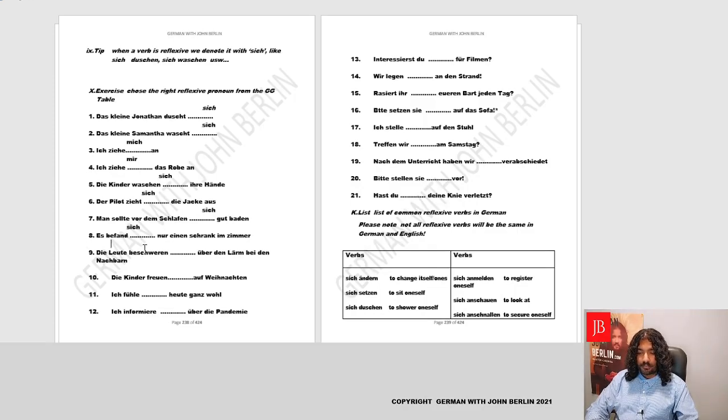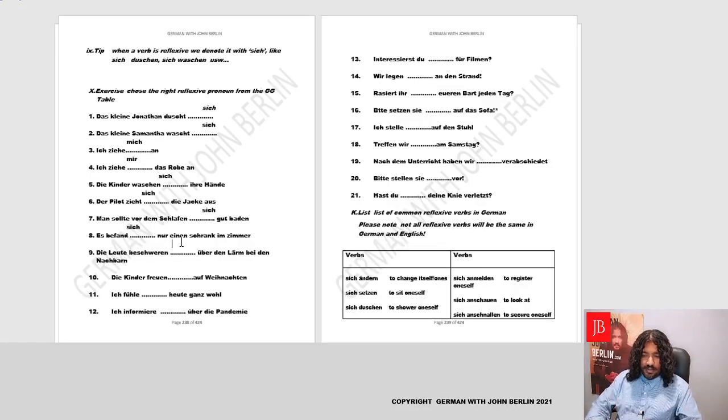Perfect. Die Leute beschweren dash über den Lärm bei den Nachbarn. So the Leute, the people. Now some verbs do not make sense in English when we talk about reflexive. Like I mentioned earlier, not all German verbs would be reflexive in English. Not all English verbs would be reflexive in German.